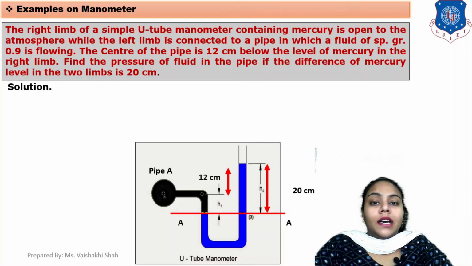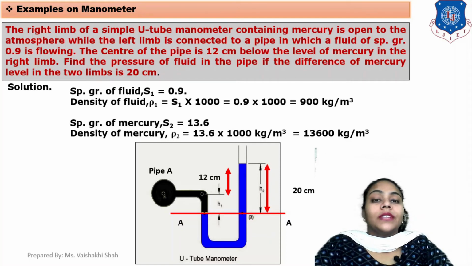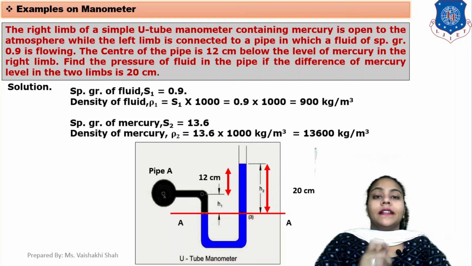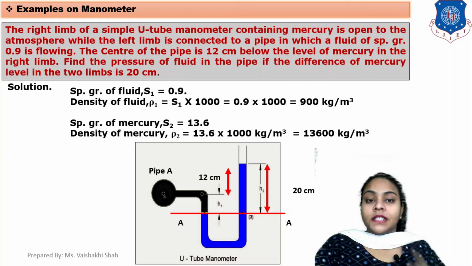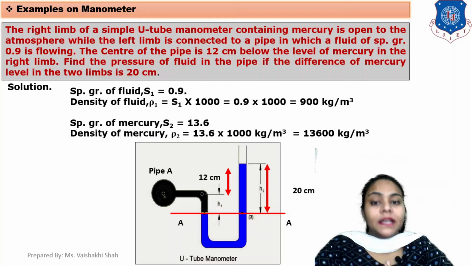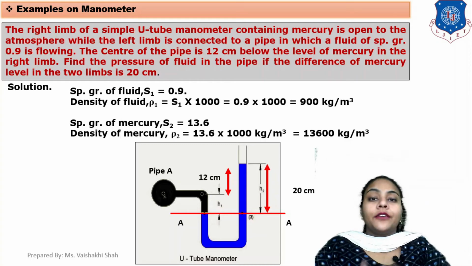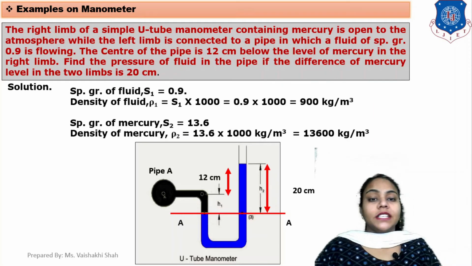The data given to you is that the fluid filled in the pipe has specific gravity 0.9. As we know, density equals specific gravity into 1000. So the density of the fluid in the pipe, rho 1, equals S1 into 1000, where S1 is 0.9.